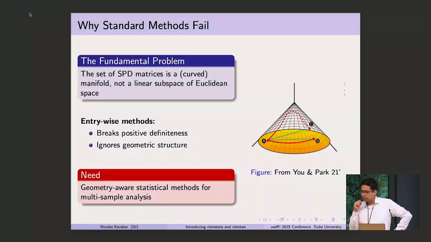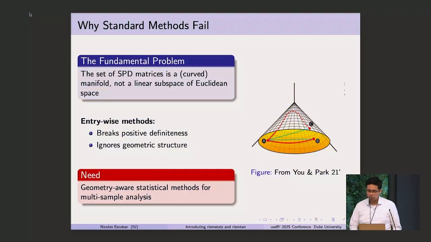The practical implication of that is that if you want to compare two connectomes, you have to do it carefully, right? Originally, what people used to do was get the connectome and just vectorize it, right? Get the entries of the connectome, put them in a long vector, and compare vectors obtained from different patients.